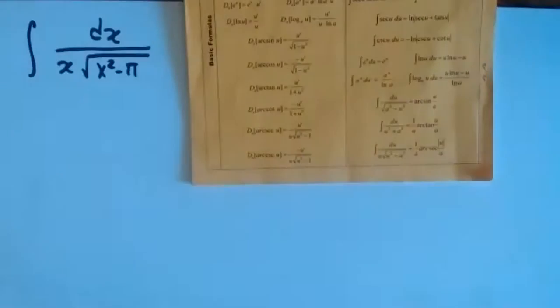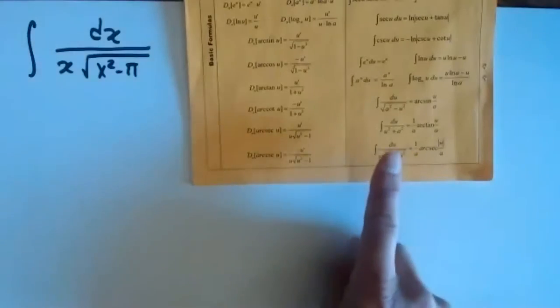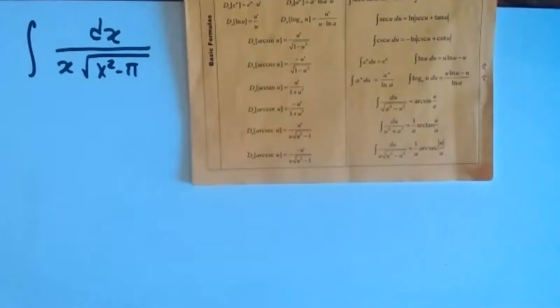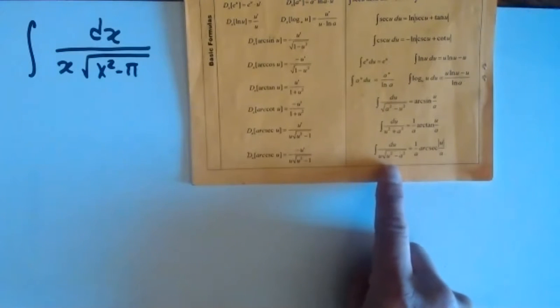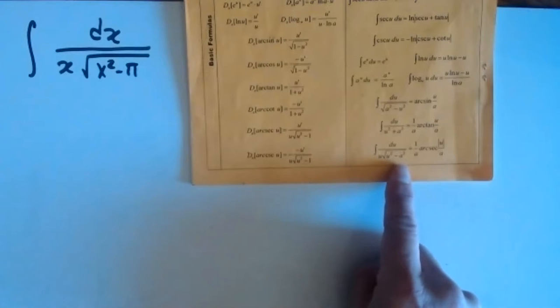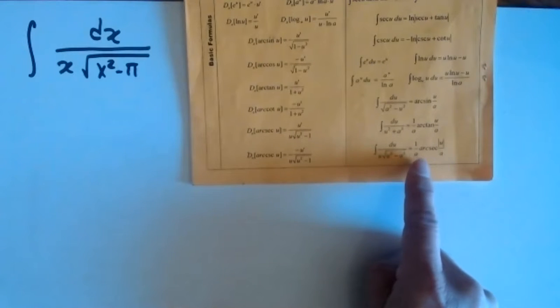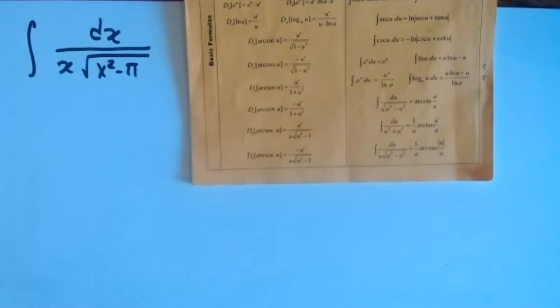So let me see my formulas. Okay. You can see this one. You see the three formulas we have to use. Okay. So we have u, square root of u squared minus a squared. This one is the arcsecant of the absolute value of u over a. Well, I'm going to use that integral.